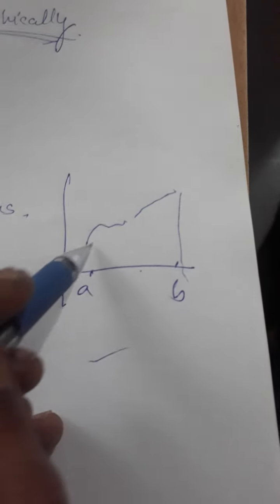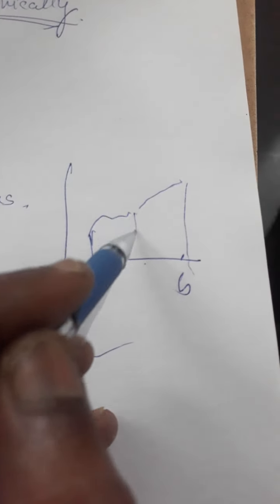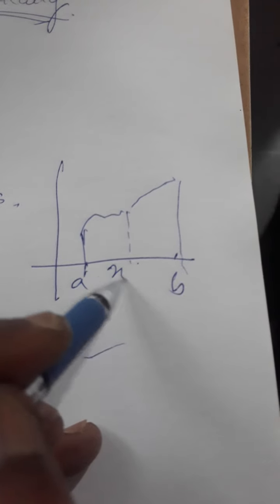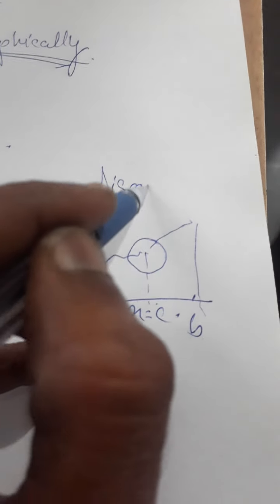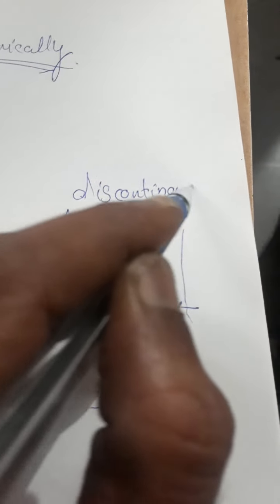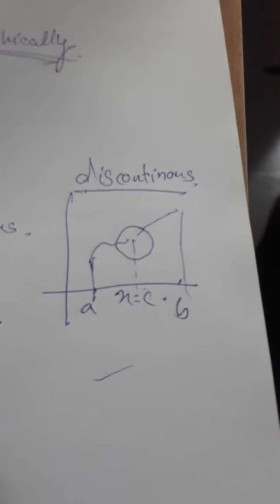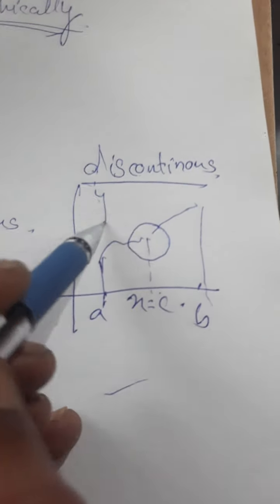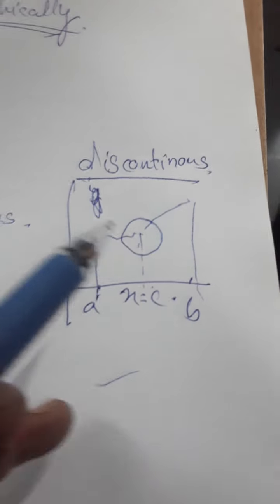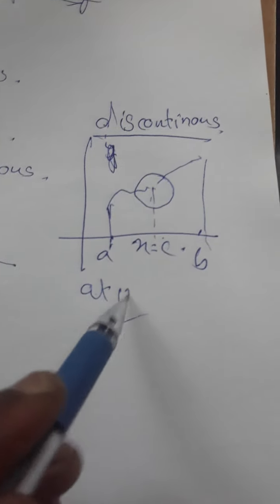And suppose the graph is in this way, so from the point A to the point B there is some cut in the graph, that is, it is not defined at the point x is equals to c, then we say that the function is discontinuous.